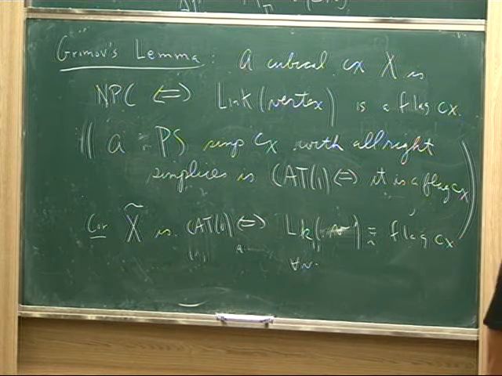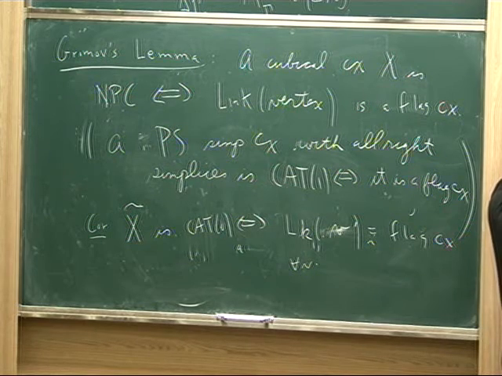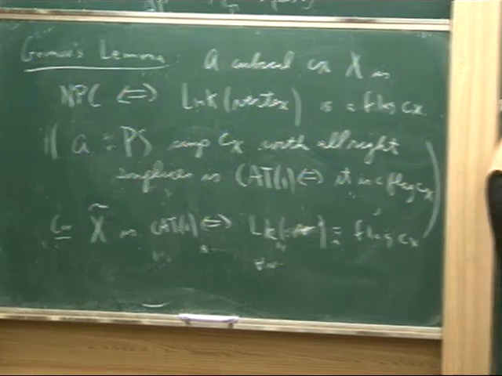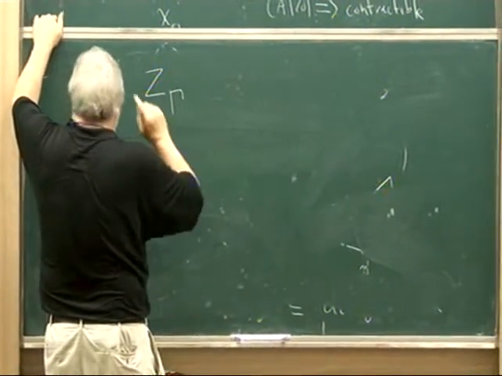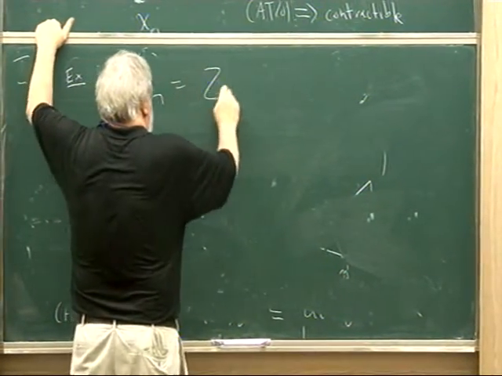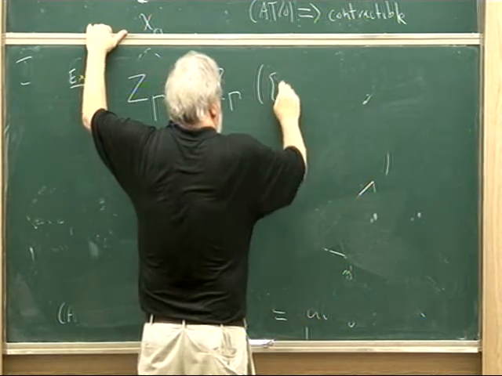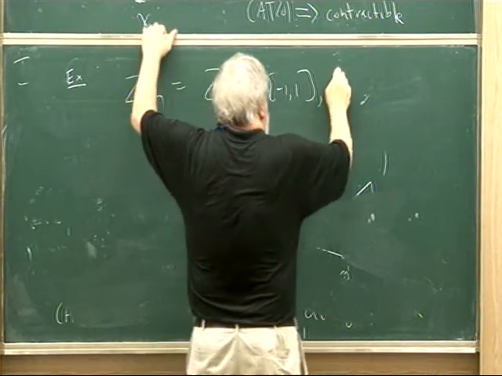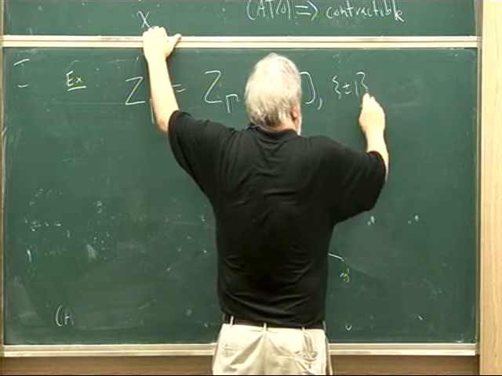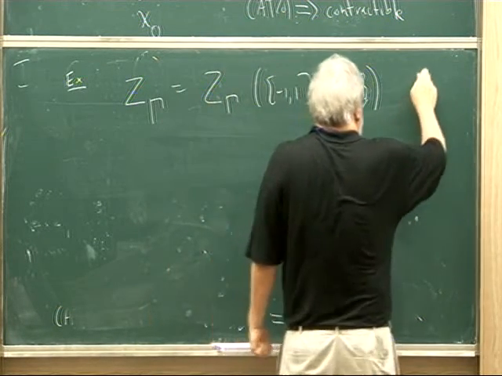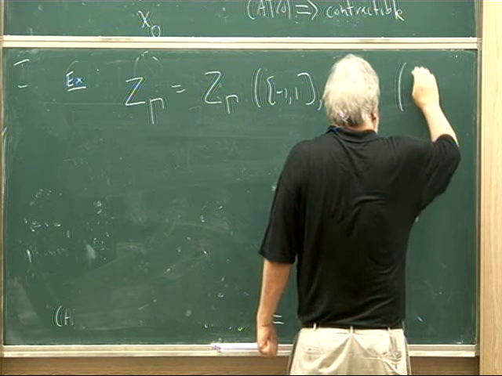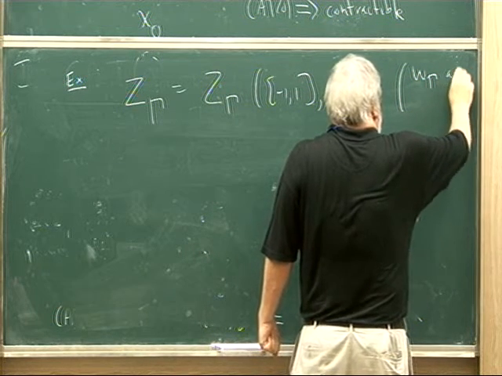So for example, the two complexes I've been talking about, where you take the cubical complex, which gives you the right-angled Coxeter group, so this is what W gamma acts on.